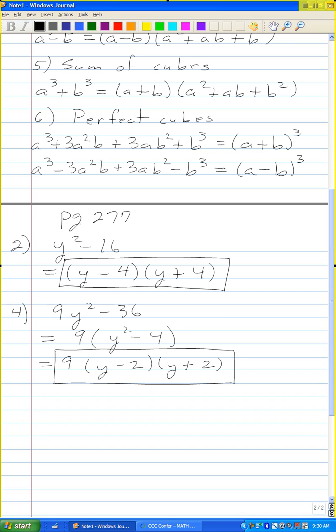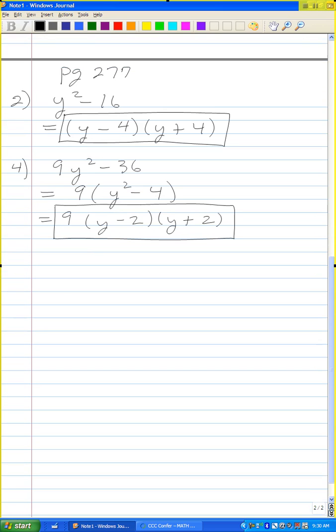Let me do problem number 10. 4x squared minus 16y squared. Again, the least common factor is 4. What remains is x squared minus 4y squared.